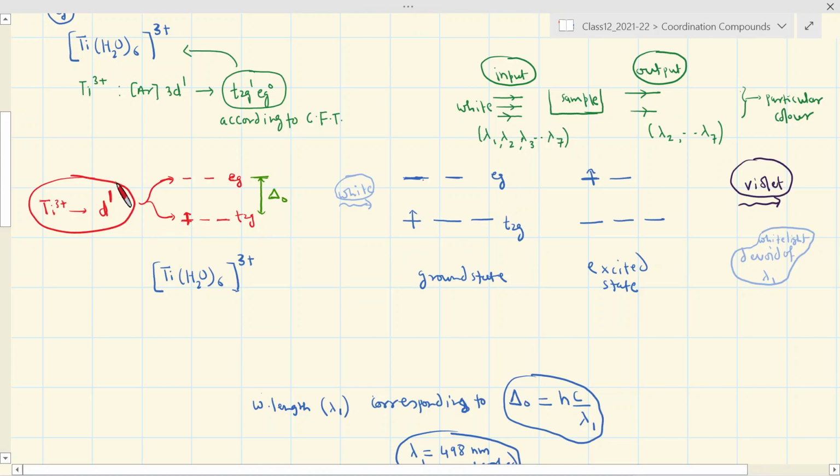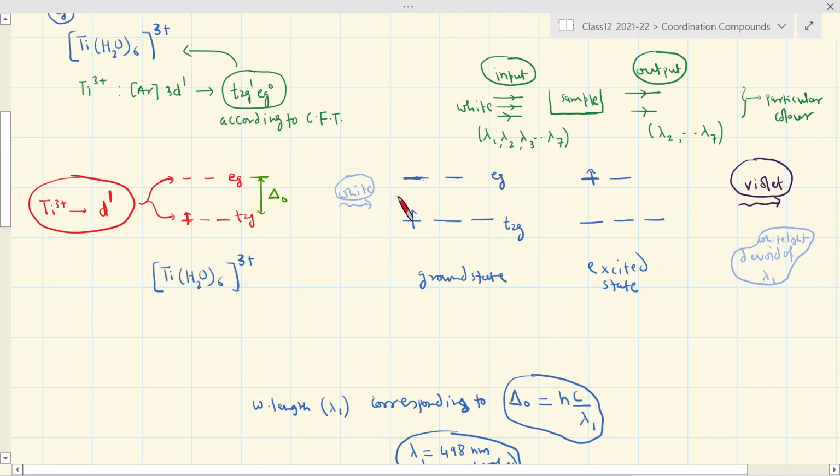The single electron is now in the ground state, which means the lower energy state, so it is in the t2g group. But when I shine white light on this complex compound solution, depending upon how much this separation is, the electron will absorb a certain frequency or wavelength.